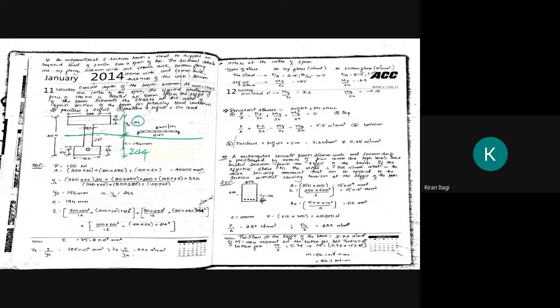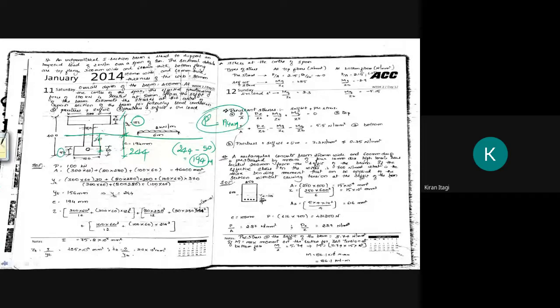He has given an intersection of 50 mm. From here to this is 244 minus 50, which equals 194. So we have calculated the E value, that is 194 mm.